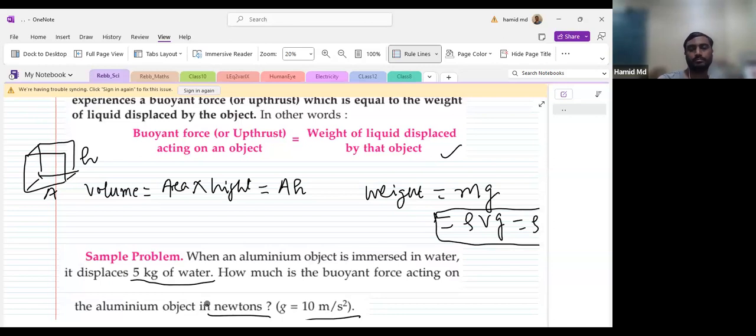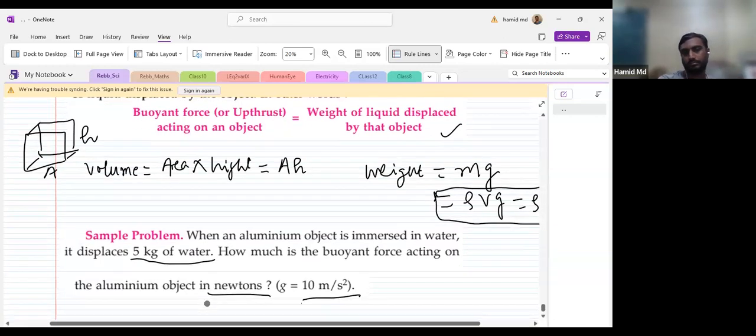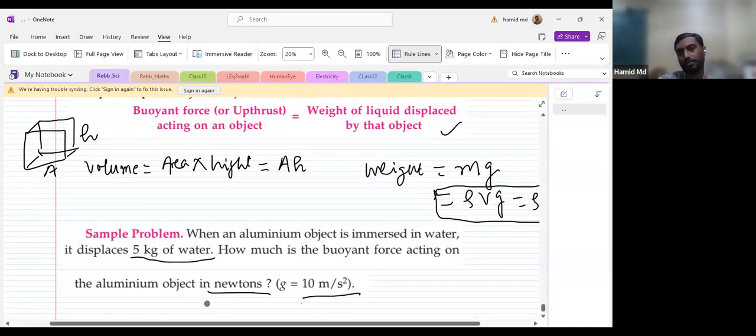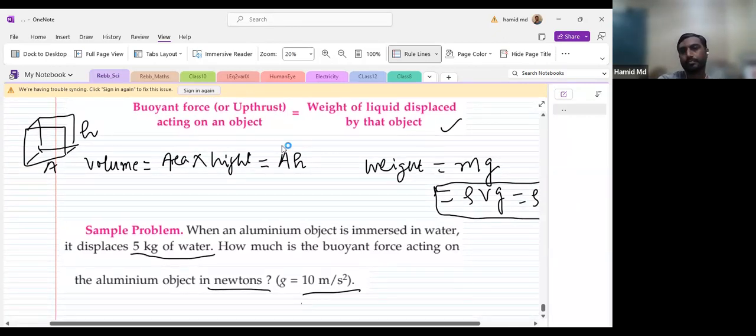How much? 50 Newton. Okay, that's good. So whatever you learned today is clear? Any doubt? No, sir, I don't have any doubt. Then I have to say I'm sorry, because there was some network issue.